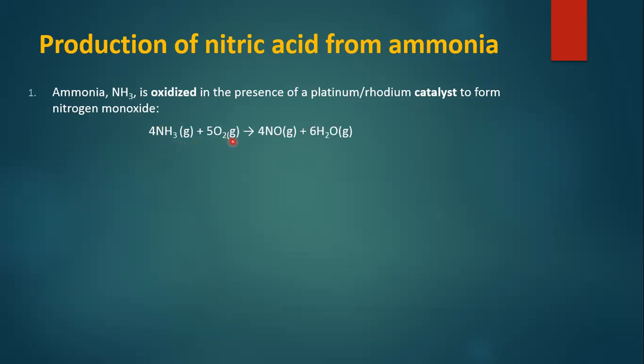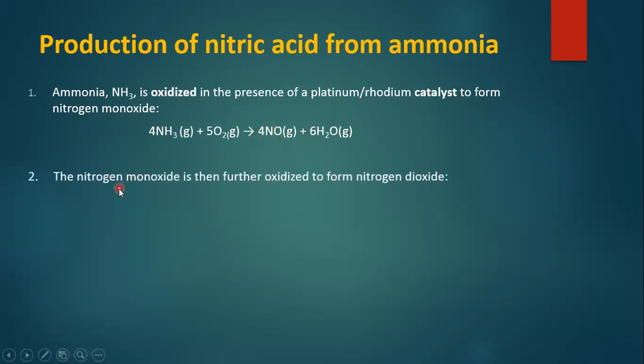Ammonia plus oxygen undergoes oxidation in the presence of platinum or rhodium catalyst to form nitrogen monoxide. In the next step, this nitrogen monoxide is further oxidized to form nitrogen dioxide, and the reaction is shown here. NO plus oxygen forms nitrogen dioxide, NO2.